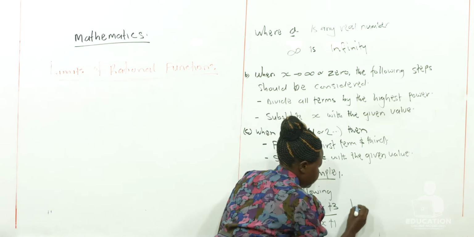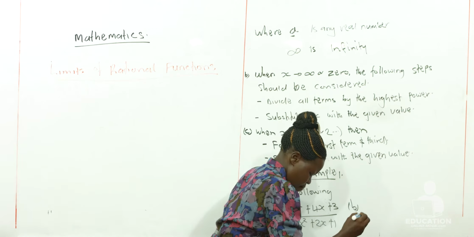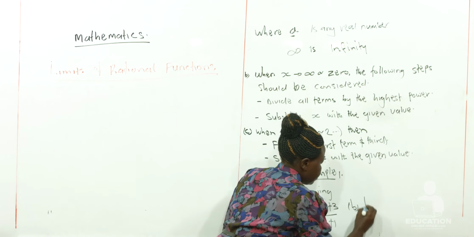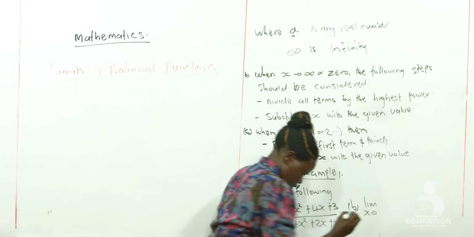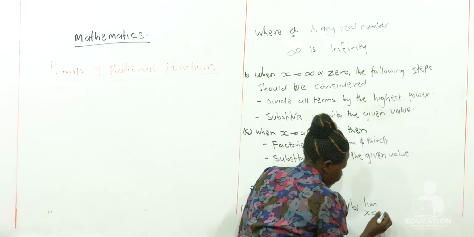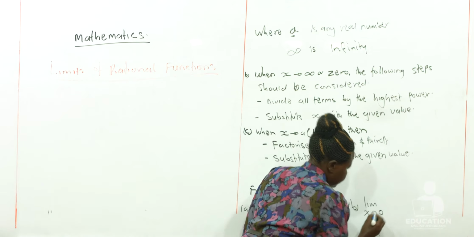And then part B, we have the limit as x is approaching 0.